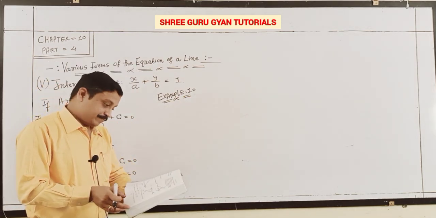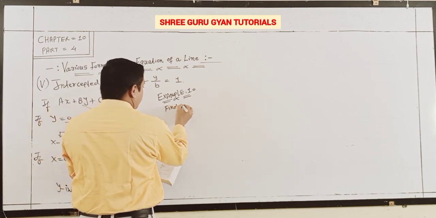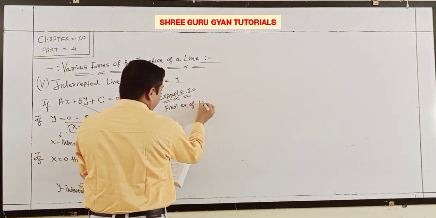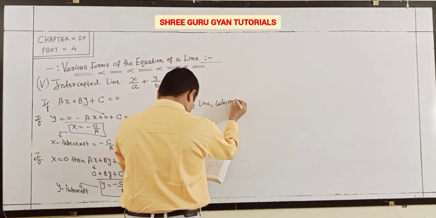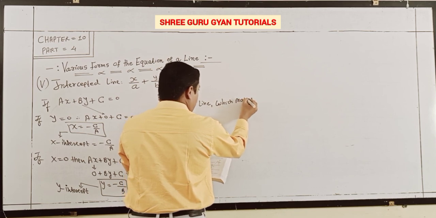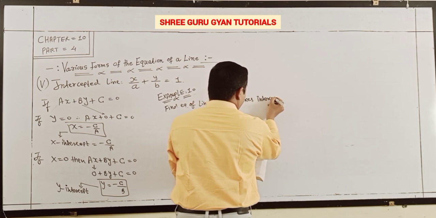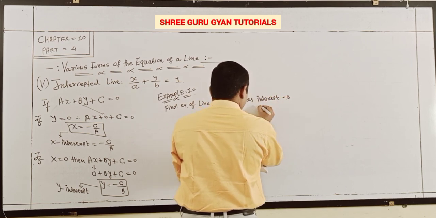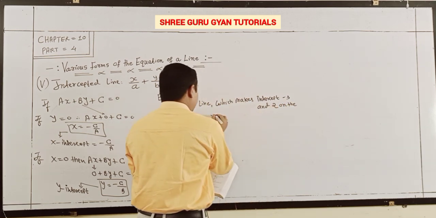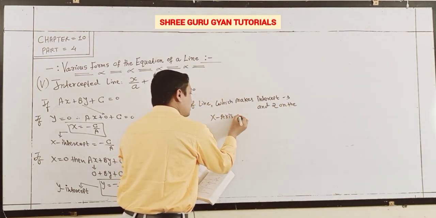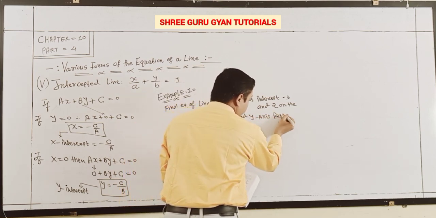Question: find the equation of the line which makes intercepts -3 and 2 on the x-axis and y-axis respectively.